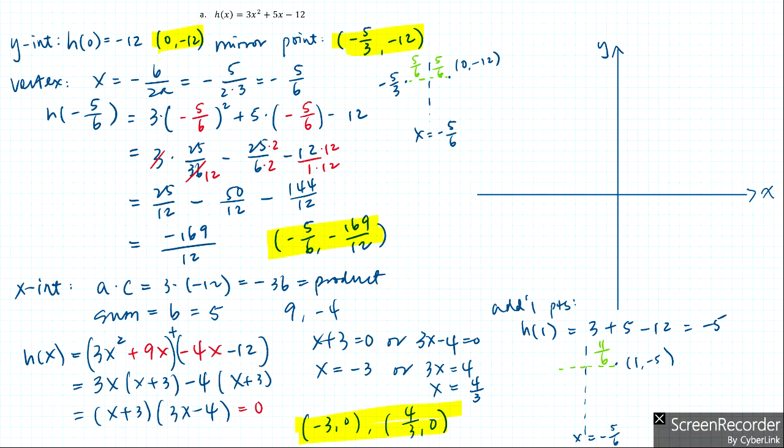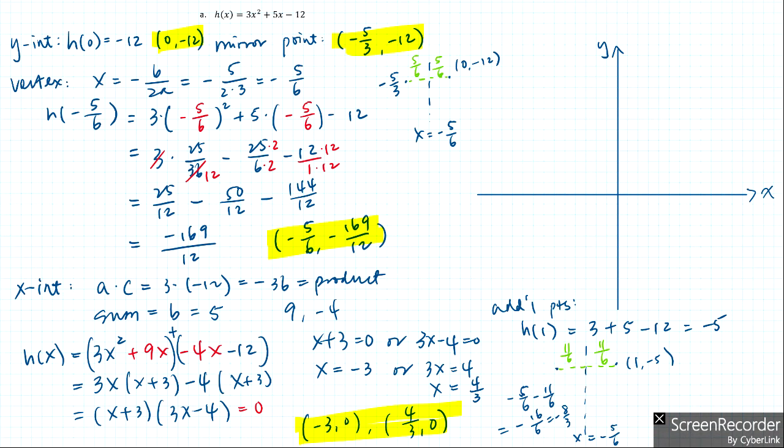And that means that we need to go this much on the other side as well. Once we have this, we want to subtract 11 over 6 from negative 5 over 6, again because we're going further left. So negative 5 over 6 is our starting point, minus 11 over 6 becomes negative 16 over 6, or negative 8 over 3.